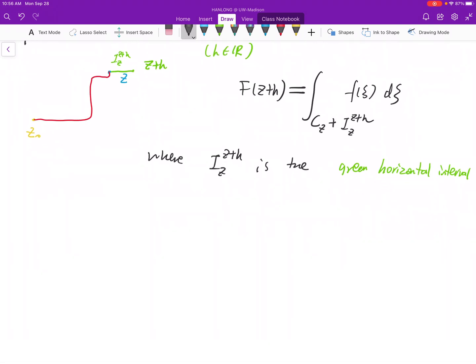Okay, then if you compute the derivative of capital F with respect to x at point z, then what do you have? By definition, you need to compute the limit of the difference quotient.